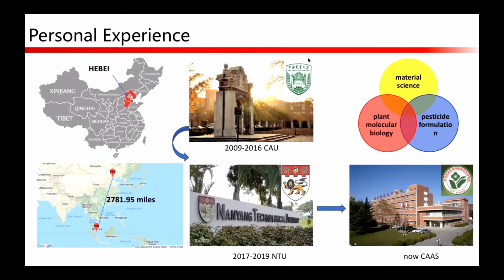Luckily, I got a position in Professor Chiu Nanjun's lab, and I worked there for 2 years. And now I found a faculty position in Chinese Academy of Agriculture Science.